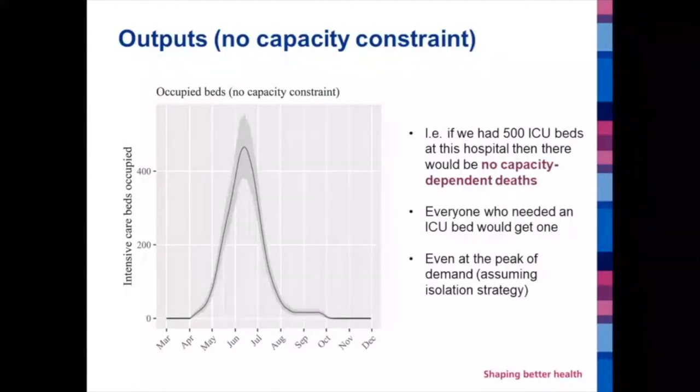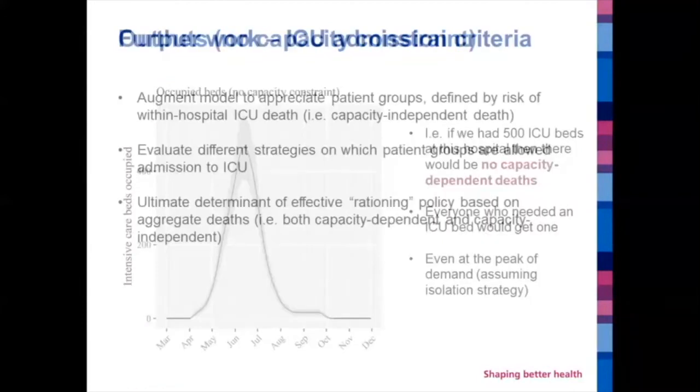I'll just quickly mention some further work. What we're looking at now is augmenting this model in terms of being able to look at the effect of different admission criteria into intensive care.